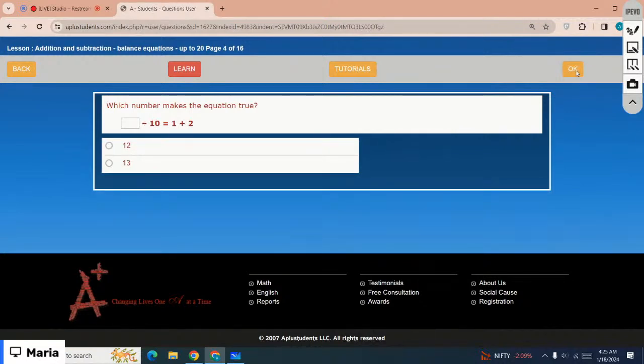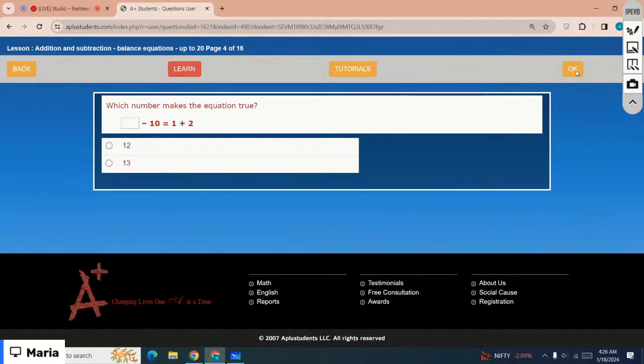The next one is which number makes the equation true? 1 plus 2 equals 3.